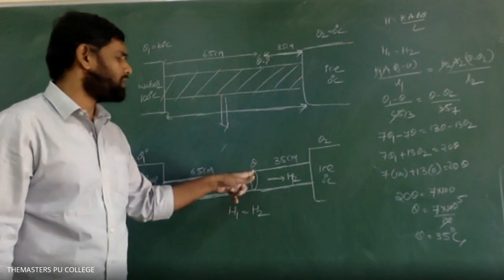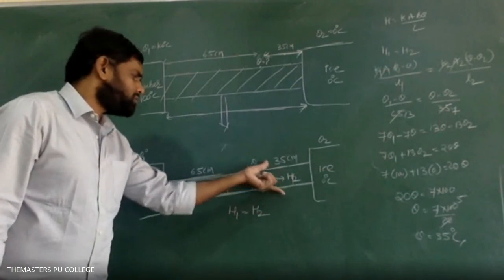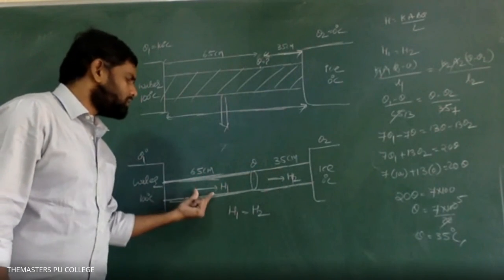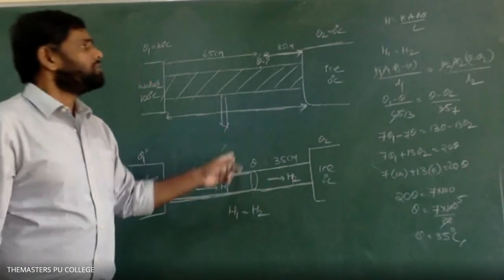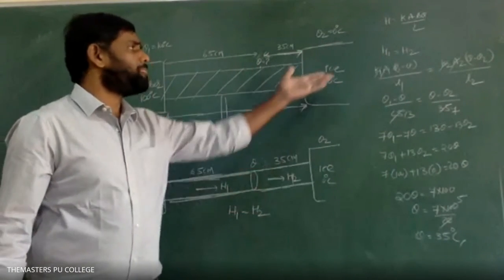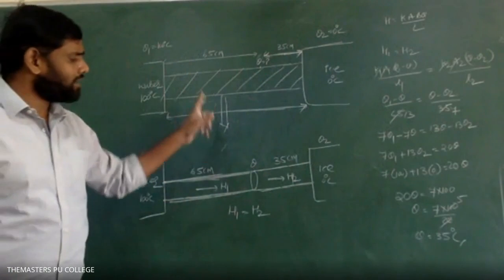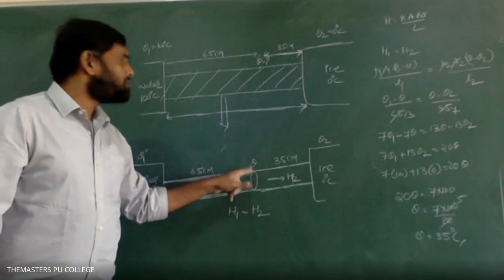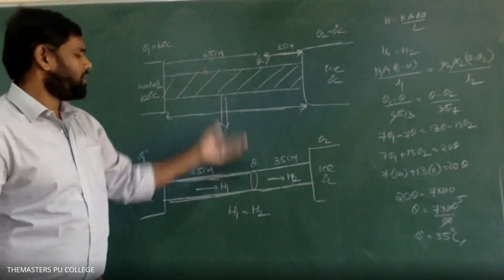As these two are in series, whatever the heat that flows in the first rod is the same as the heat flowing in the second rod. That's why H1 equals H2. Based on this, we calculate it. To calculate the temperature of this point, we have the same rod only; we can compare with this.